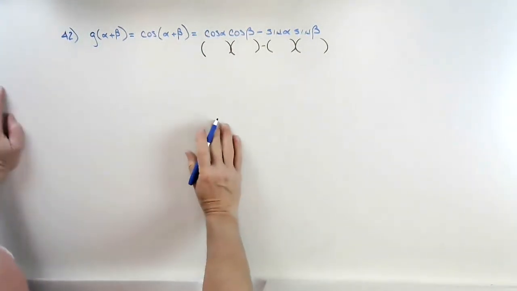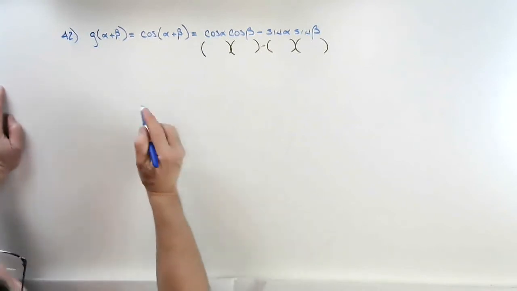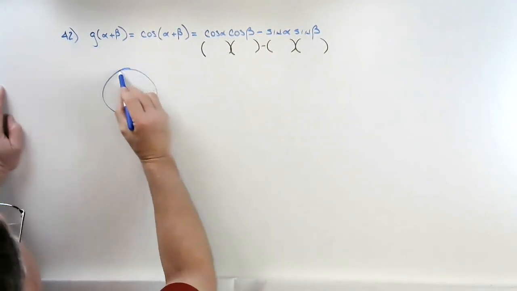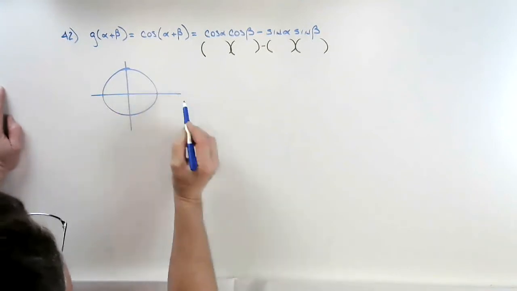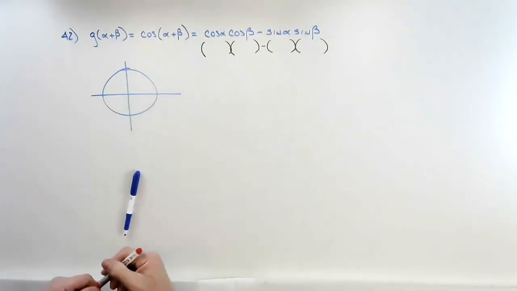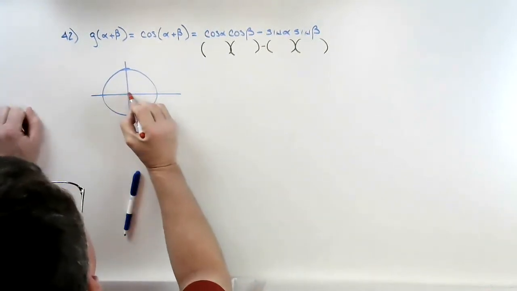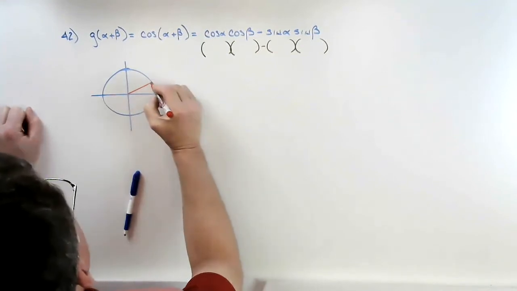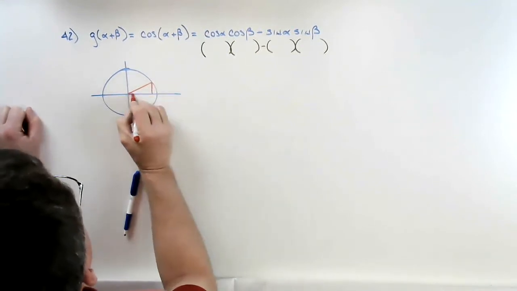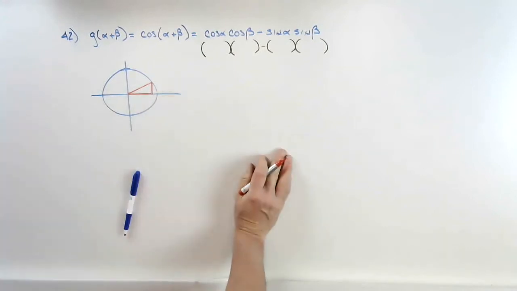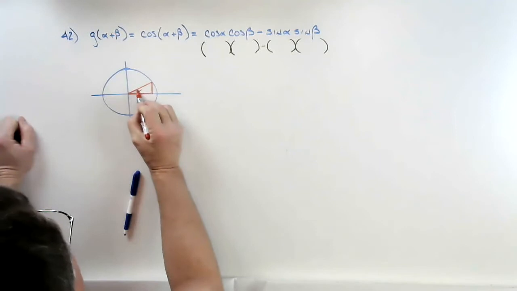Well, in problem 42, they give us a circle, and they draw alpha in the first quadrant. So they draw for us our reference angle, which in this case is alpha because it's in the first quadrant.